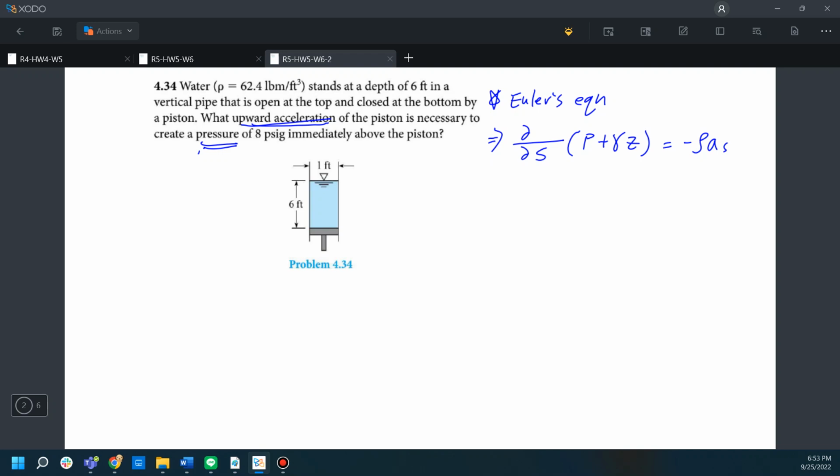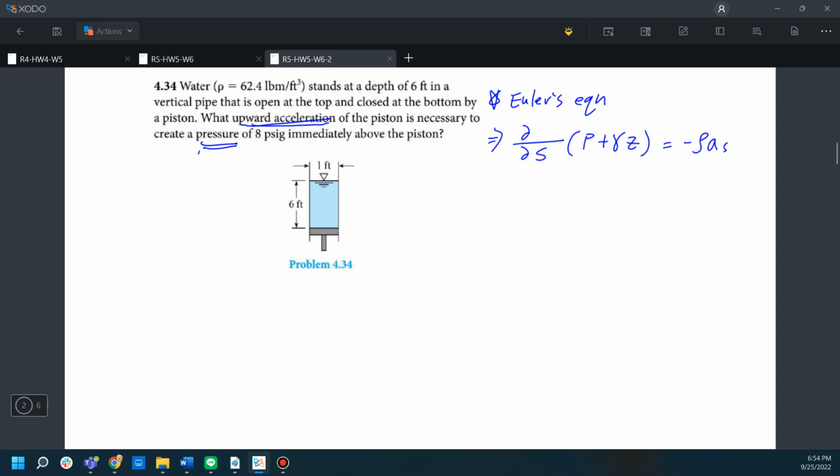So it says that the partial derivative along the straight line of this term, pressure plus gamma z, is equal to minus rho times the acceleration.